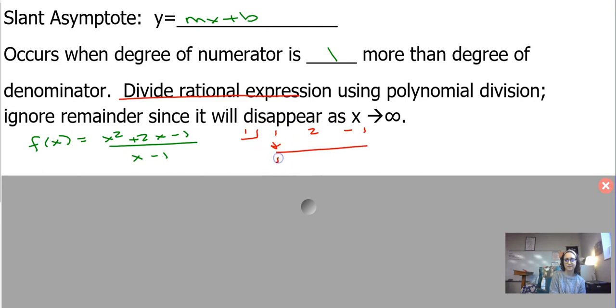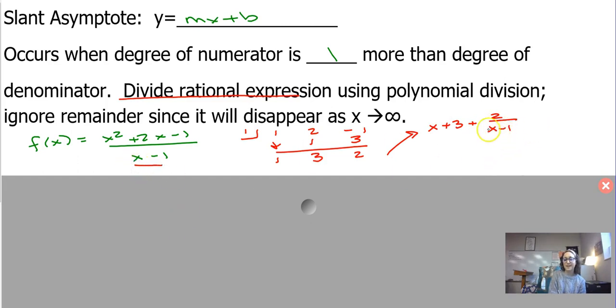Bring down the 1, and then we're going to multiply, add, right? And so what I get is 1x plus 3 with a remainder of 2. So 2 over x minus 1, my original divisor.